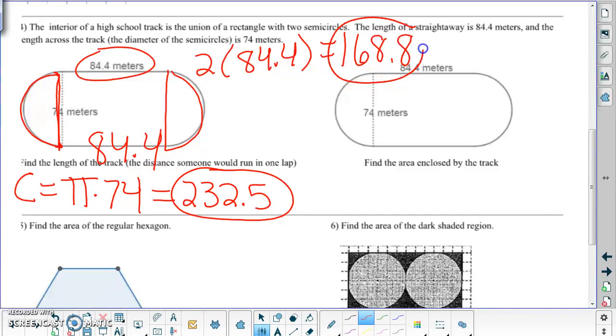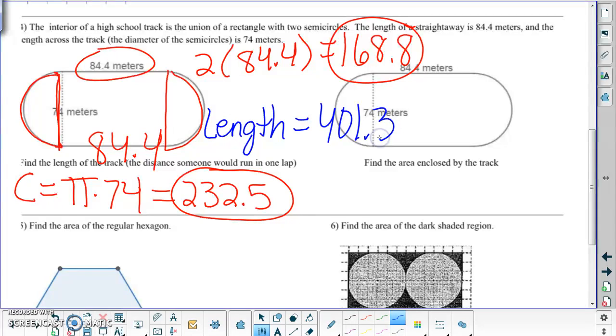So now I just add the two together. So I'm going to say length. 401.3.